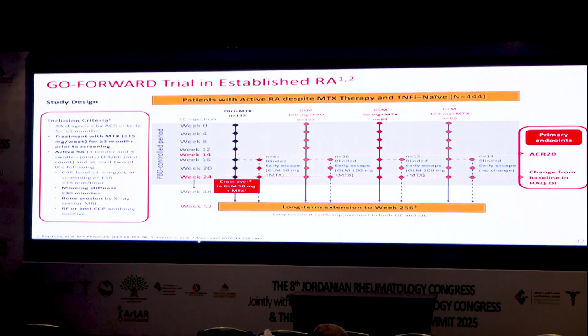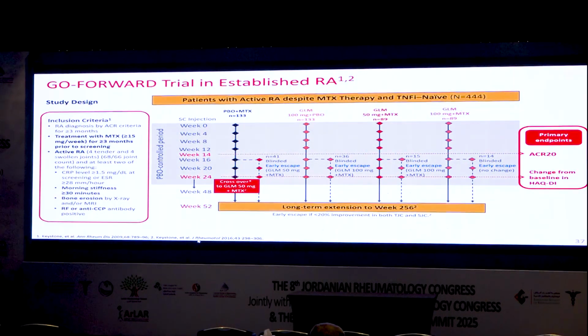The first arm is placebo with methotrexate, the second arm is golimumab 100 mg with placebo, the third arm is golimumab 50 mg with methotrexate, and the last one is golimumab 100 mg with methotrexate. The primary endpoint is the ACR20 and the change from baseline in the health assessment questionnaire disability index, with a long-term extension to week 256.